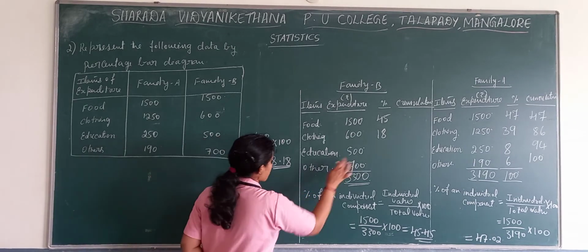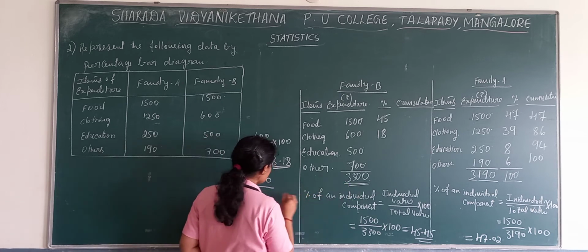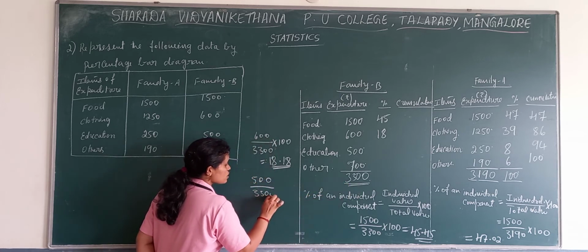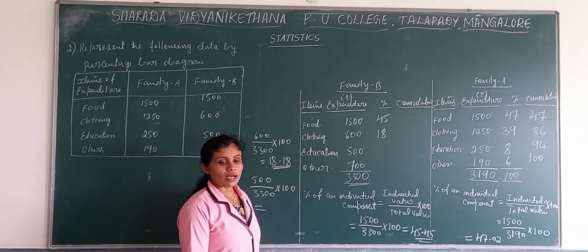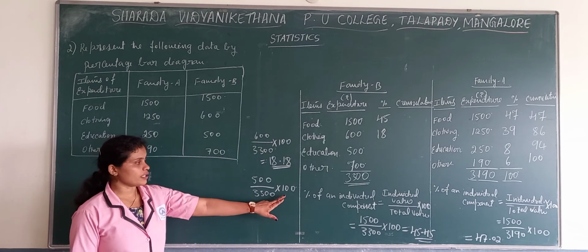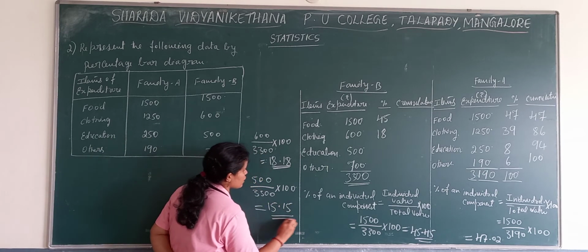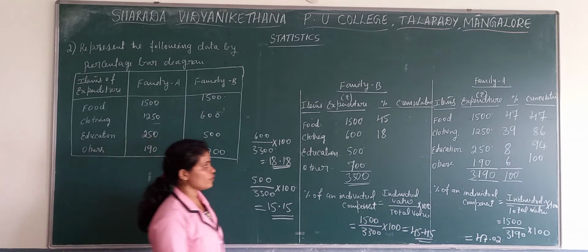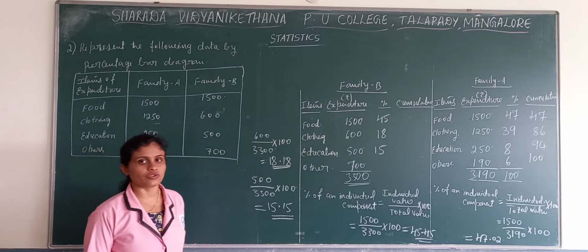Then next one. 500 divided by 3,300 into 100. There you get 15.15. Now we can write it as 15.